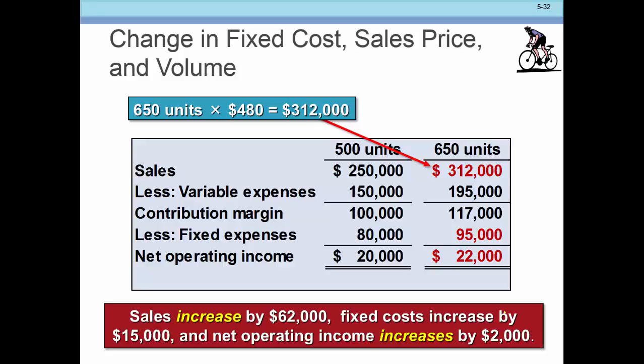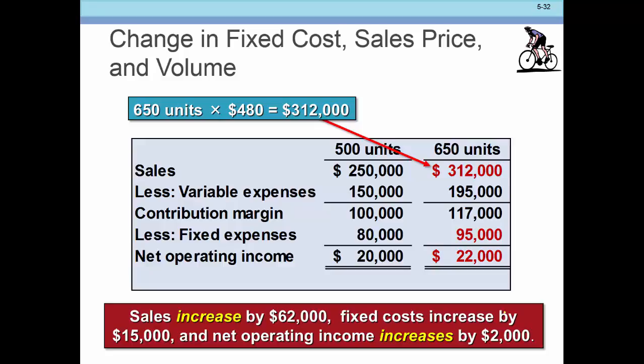You would? In textbooks, they would say, you should do it because it increases the profit. Would you do it if it was your money that was at stake? I'm not doing this. I'm looking at this and I'm saying, you mean I've got to produce an extra 150 bikes, hope that I sell them, and if I do sell them, then my grand reward is going to be $2,000 at the end of this? No, thank you. I'm not doing that, right? That's just not enough.